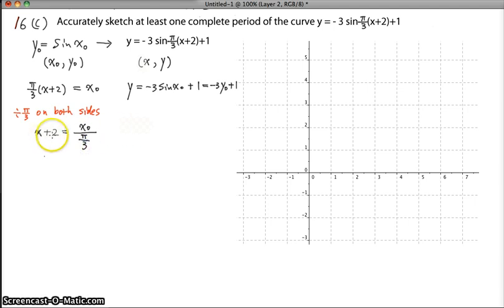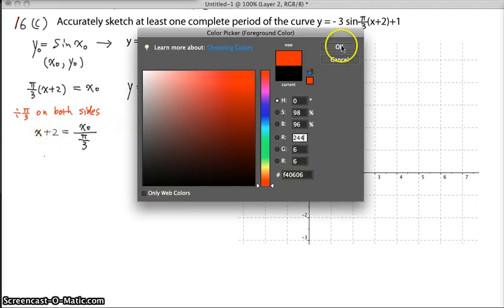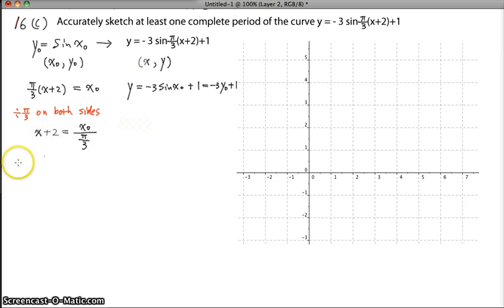And then to move the plus 2, you subtract 2 on both sides.